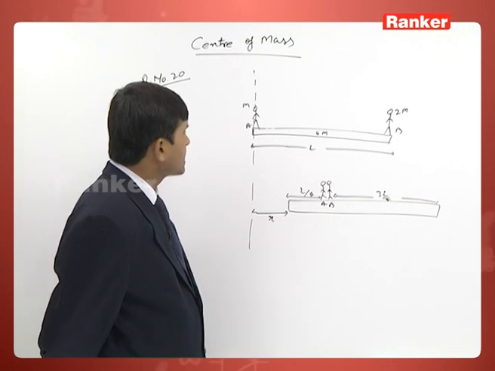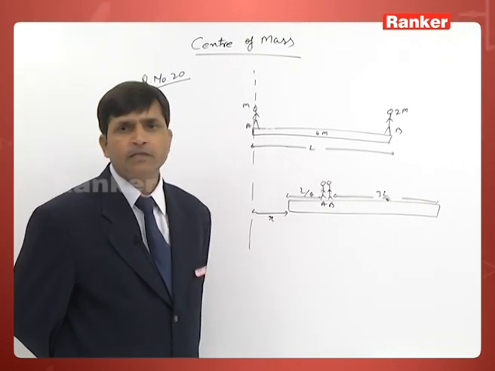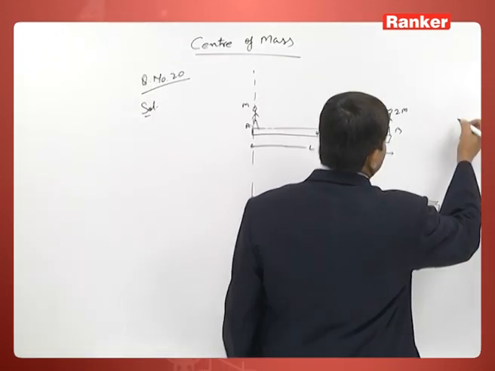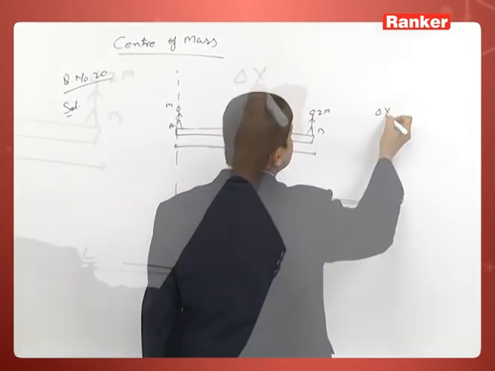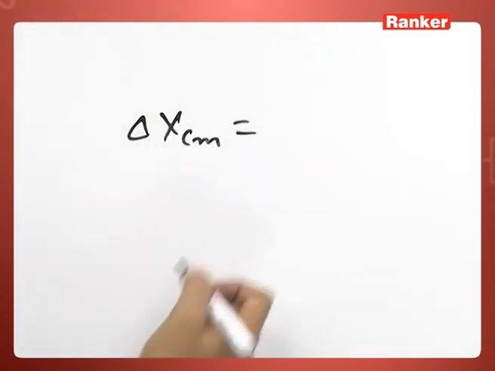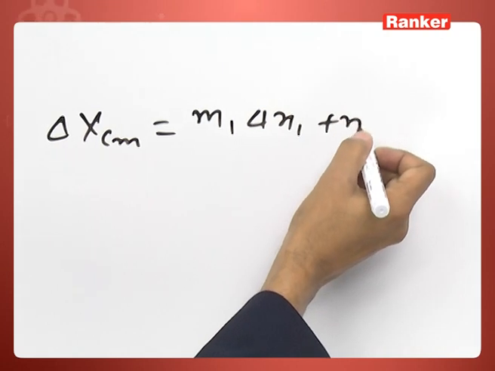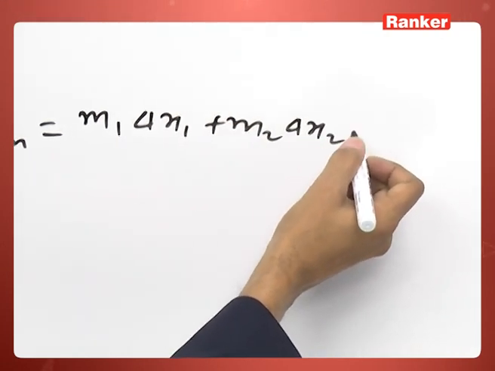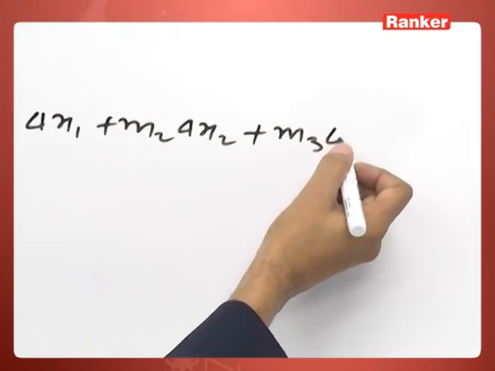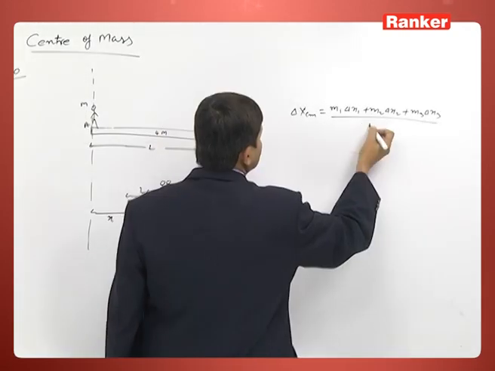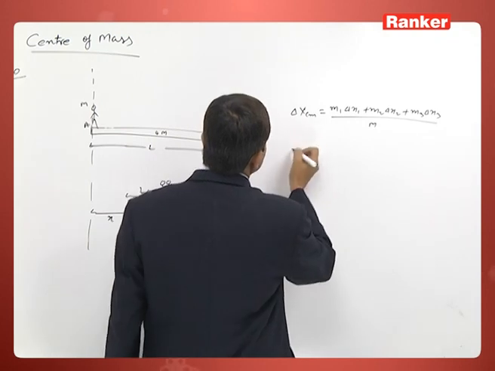As we know, there is no change in the center of mass position of the system, because external force on the system is 0. See, change in the center of mass of a system is written as m1 delta x1 plus m2 delta x2 plus m3 delta x3 by total mass m, but it is 0.